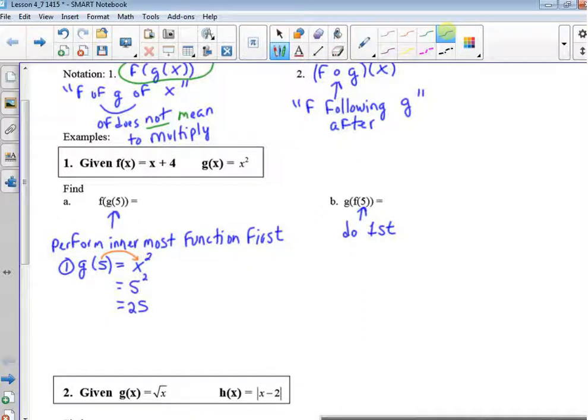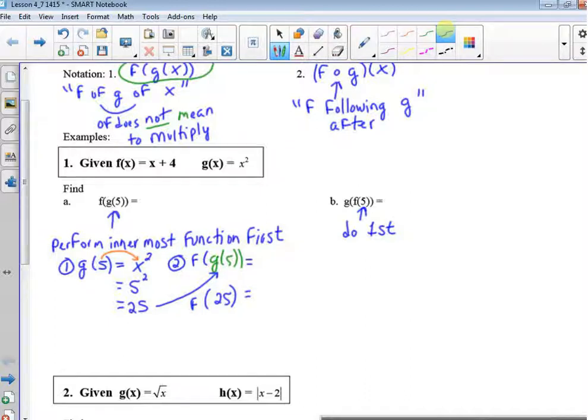Now, I really want f of g of 5. And if g of 5 was equal to 25, from this previous step, I'm going to replace g of 5 with 25. So I'm really looking for f of 25.